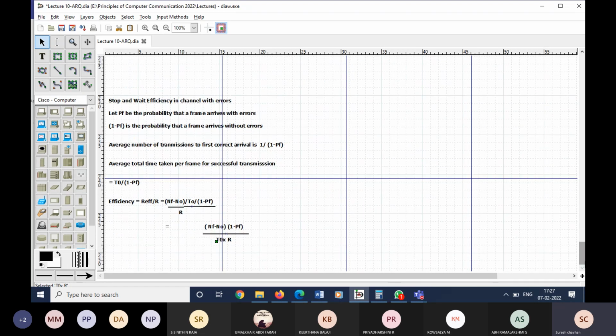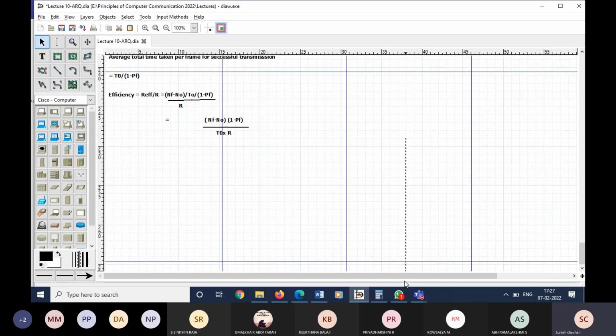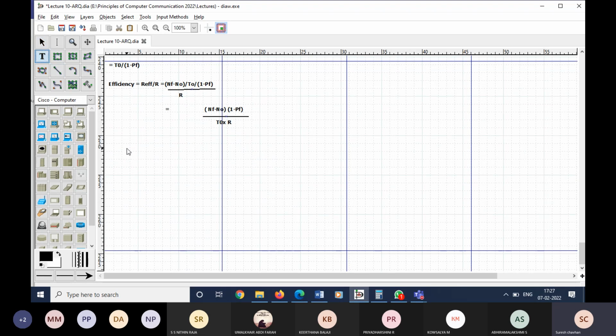So whatever the value we got for the T0, this T0 we need to write it here. And again we need to divide by NF, right? And finally, what we will get is, so final efficiency formula I will write here, which we have done in the before.